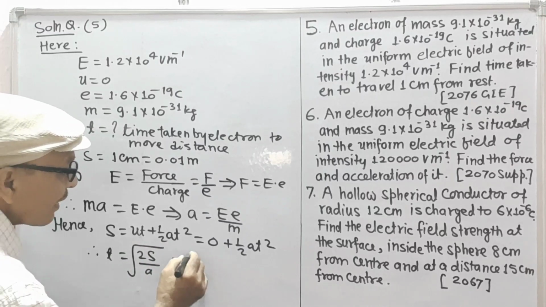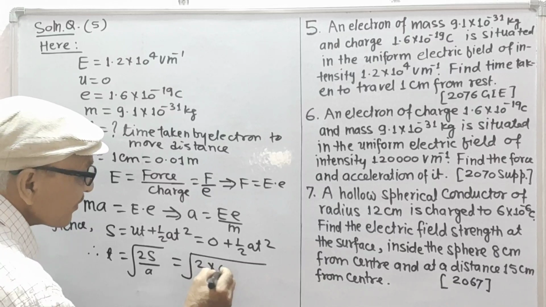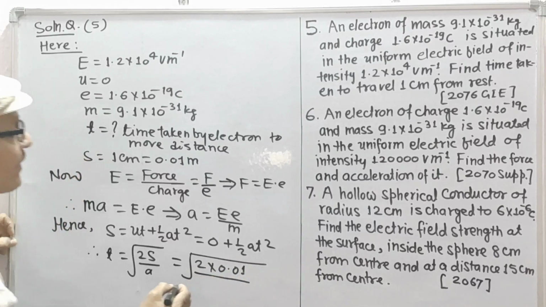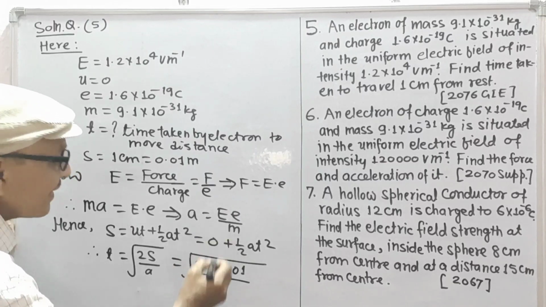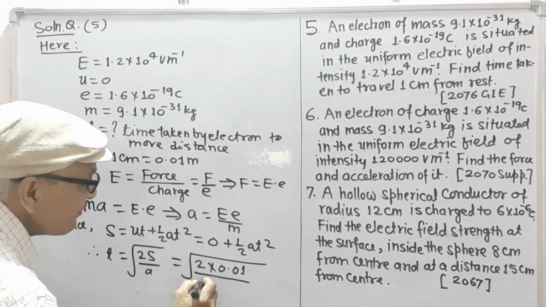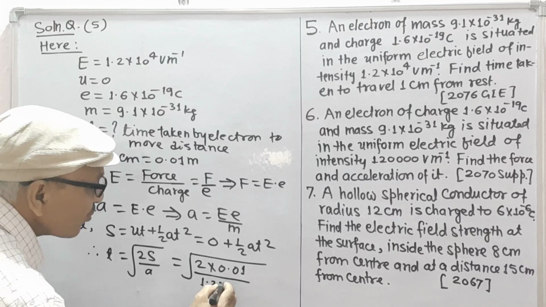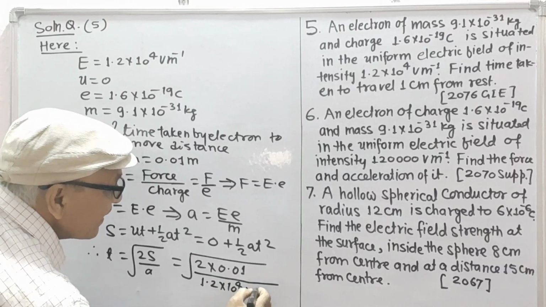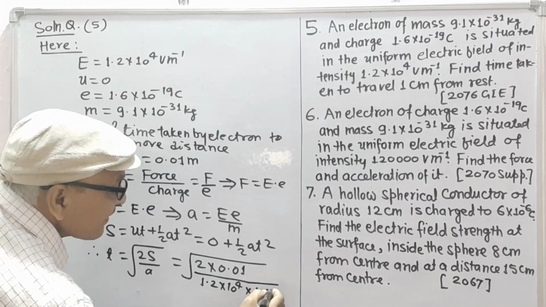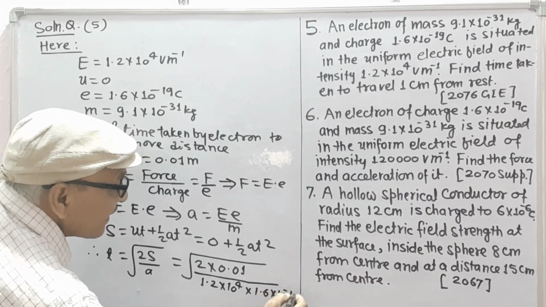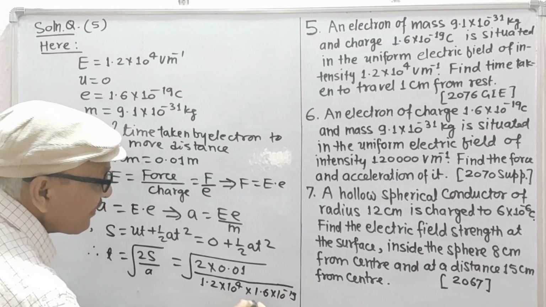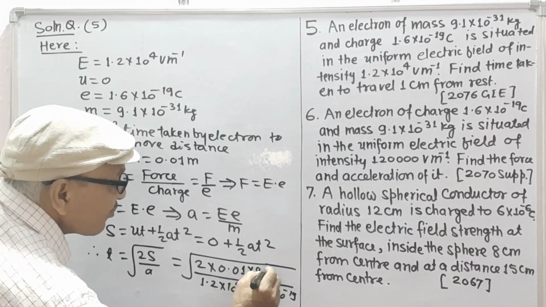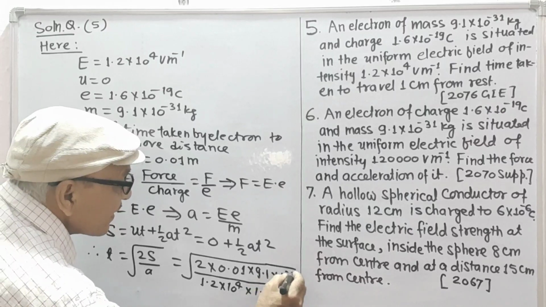This is under root 2 into S, which is 0.01, upon A, where A is E e upon M. E means 1.2 into 10 to power 4. Small e is 1.6 into 10 to minus 19 upon M. M goes here in the denominator, 9.1 into 10 to minus 31.